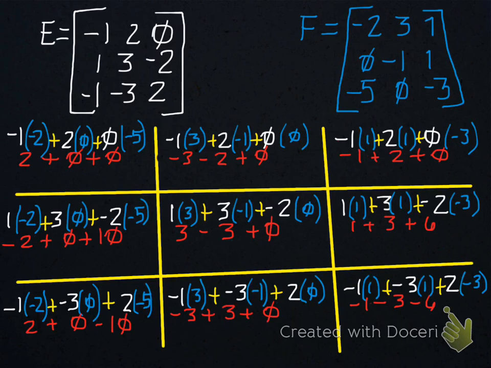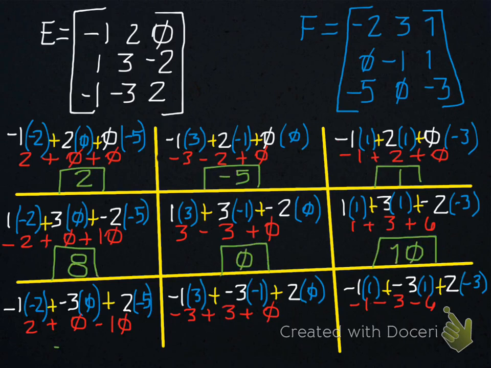After we multiply, we just add up all of the answers we multiplied, and then we've got our answers, which I'll have circled in green. So the answer to our matrix would be 2, -5, 1, 8, 0, 10, -8, 0, -10. And that's the answer to multiplying a square matrix.